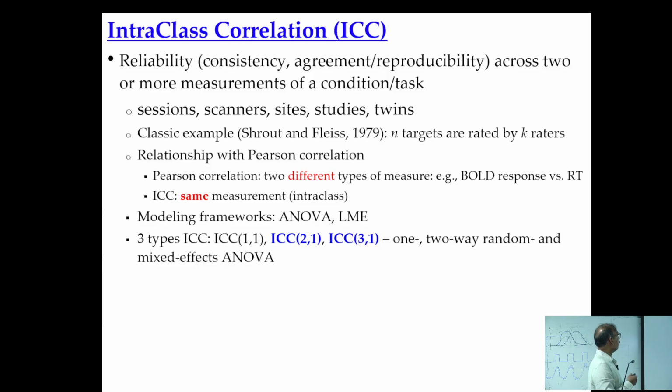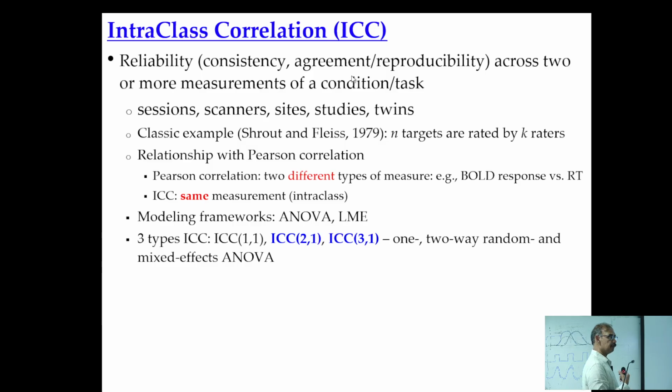I had mentioned like ICC is a measure of reliability, and this is consistency agreement across two or more measurements of a conditional task, right?